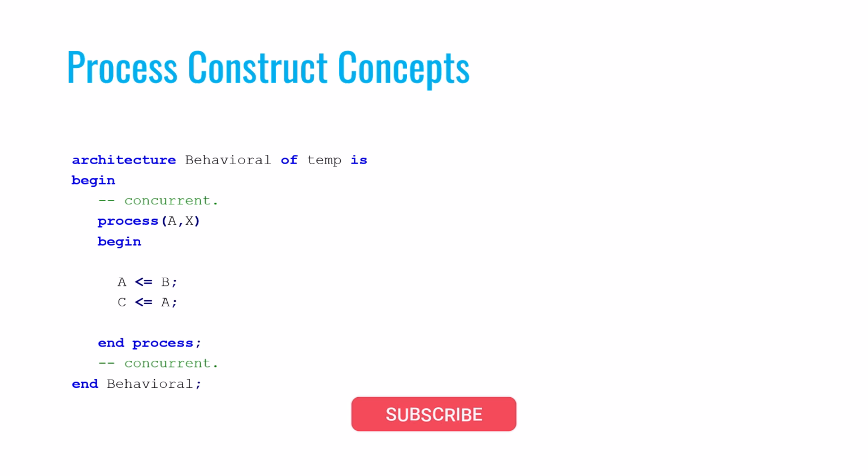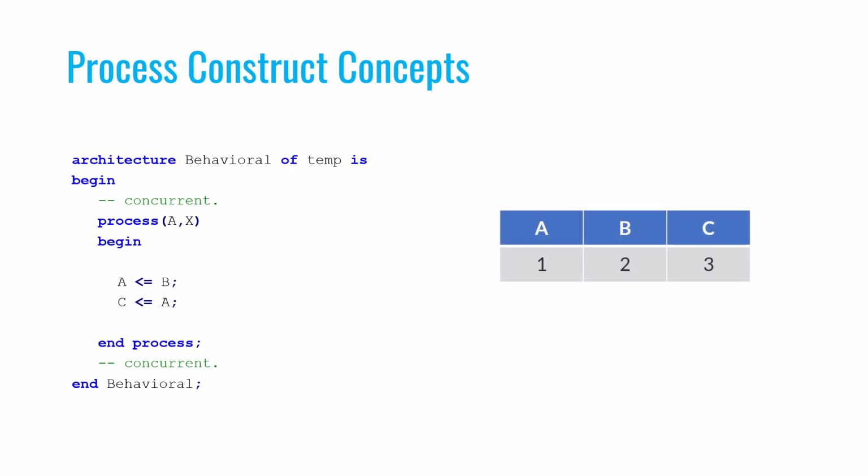Let's clarify this with an example. Imagine that before the process was triggered, meaning before any of the signals in the sensitivity list changed, the values of signals A, B, and C were 1, 2, and 3 respectively. Now let's say one of the signals, A or X or both, changes, triggering the process. After activation, we evaluate the statements line by line.